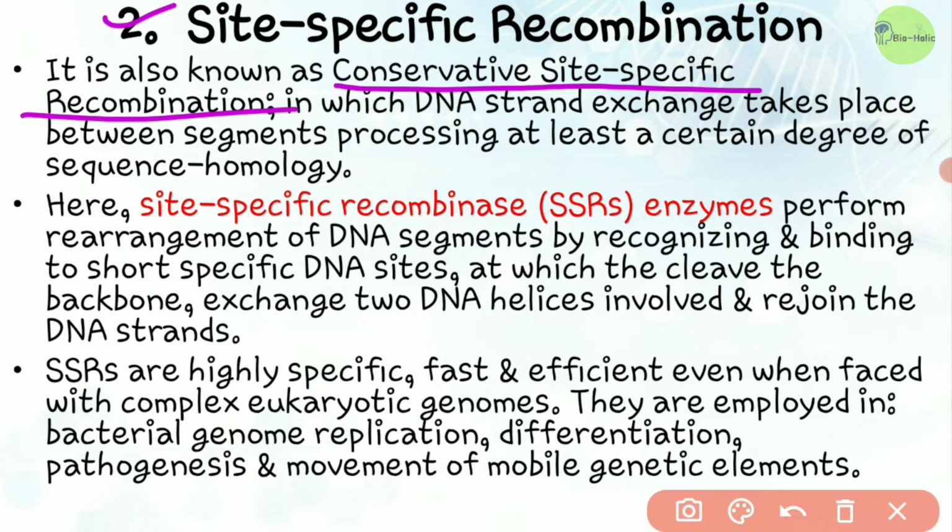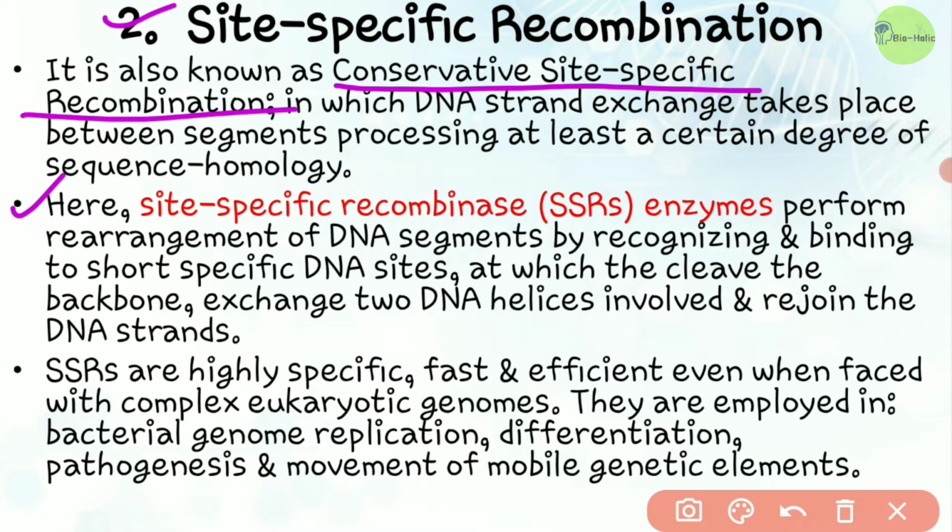Enzymes known as site-specific recombinases or SSRs perform rearrangement of DNA segments by recognizing and binding to short specific DNA sequences or sites at which they cleave the DNA backbone, exchange the two DNA helices involved, and rejoin the DNA strands.